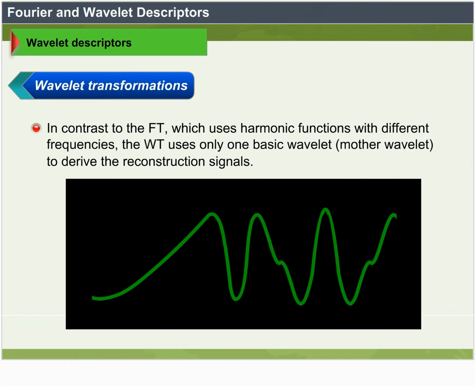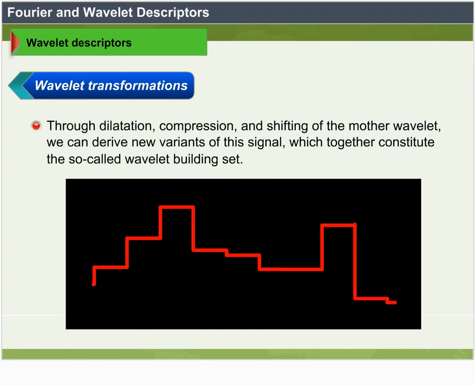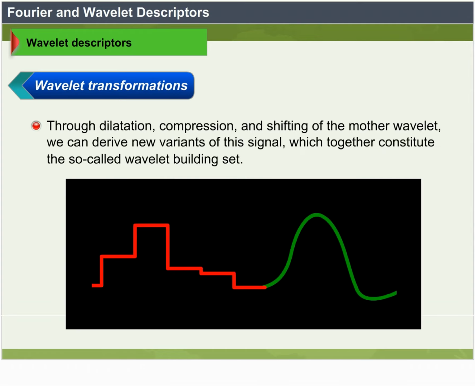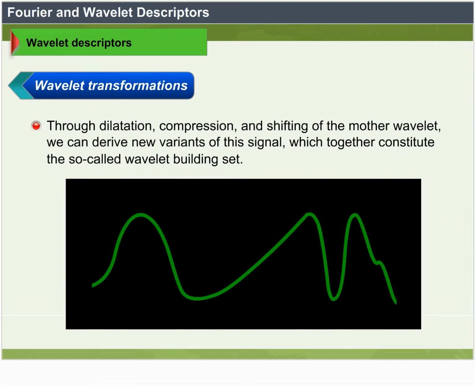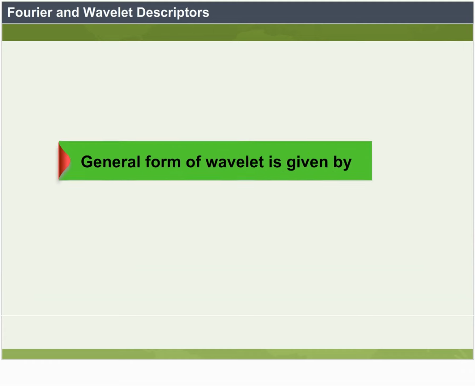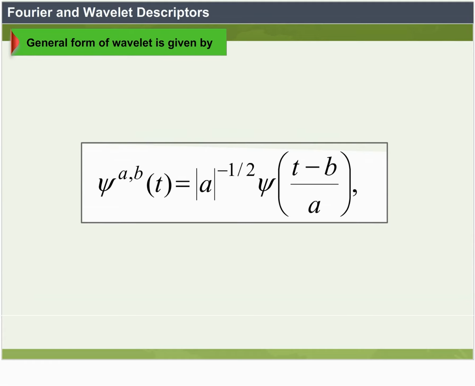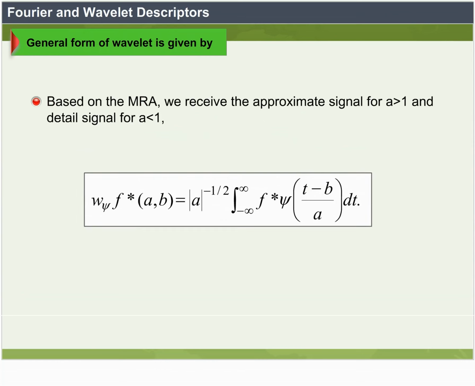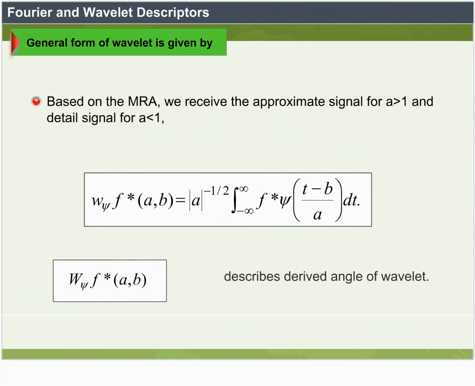Through dilation, compression, and shifting of the mother wavelet, we can derive new variants of this signal, which together constitute the so-called wavelet building set. The general form of wavelet is given by the equation seen on screen. Based on the MRA, we receive the approximate signal for a greater than 1 and detailed signal for a less than 1, as shown.